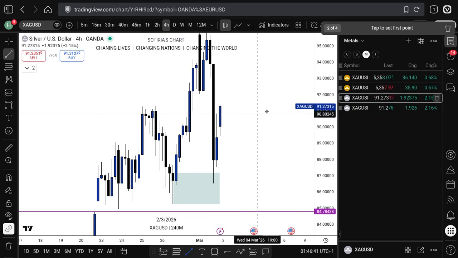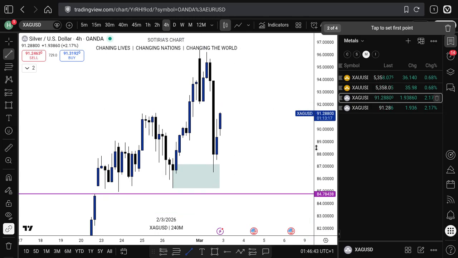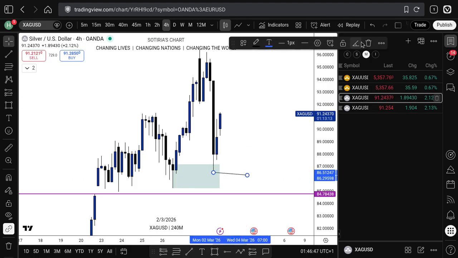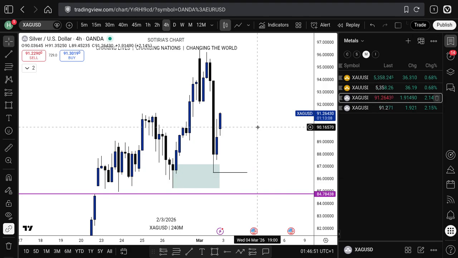If price gives us a confirmation when it comes back here and sweeps this low, from there we can see if price gives a confirmation and then we buy, or price comes down below.